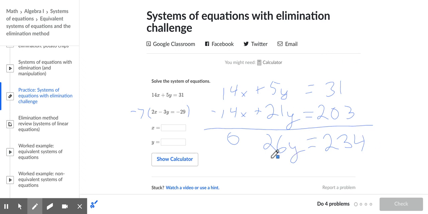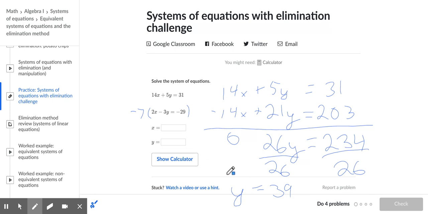So then I just need to solve this to get y. All I have to do here is divide by 26. Divide by 26. So I get 234 divided by 26 is 9, so I get y equals 9. That would be my final answer for that.